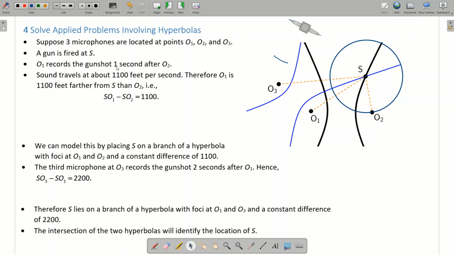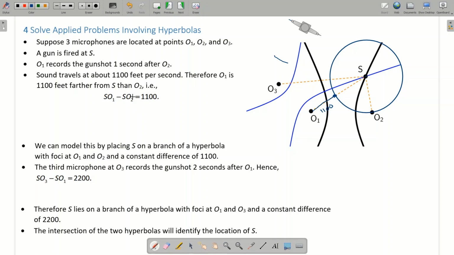So let's make the assumption that it hears it 1 second after this one. Neither one of them are hearing it instantaneously. They both have to wait a certain amount of time, but O1, they have to wait 1 second longer. Now suppose that we also know that sound can travel about 1100 feet per second. Well, that means if they hear it 1 second later, that this segment right here has to be 1100 feet, because that was the additional distance it had to travel.